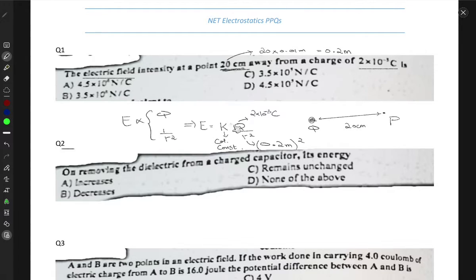Then writing the value for the K constant, if you do the math, this evaluates to 4.5 into 10 raised to power 4. So you can see that's option A, 4.5 into 10 raised to power 4 newtons per coulomb. Of course, don't forget the units when doing the calculations. All right, so that's question 1.